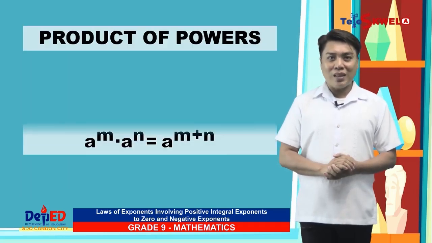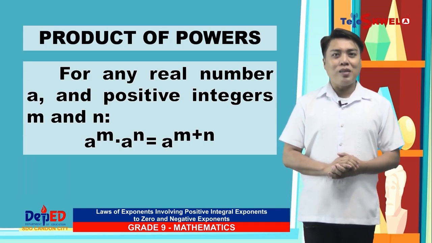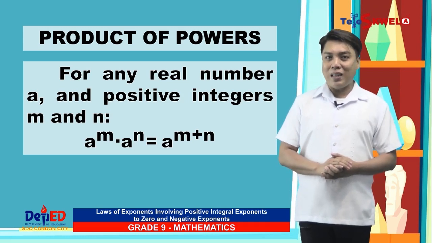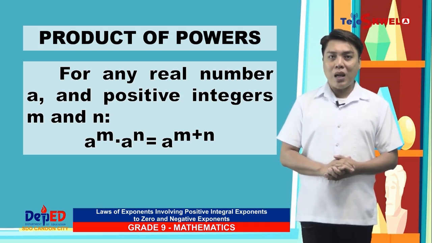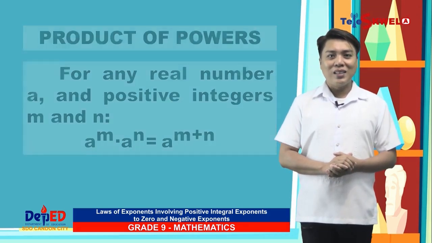Let us first discuss product of powers. Product of powers states that for any real number a and positive integers m and n, that is, a raised to m times a raised to n is equal to a raised to m plus n.